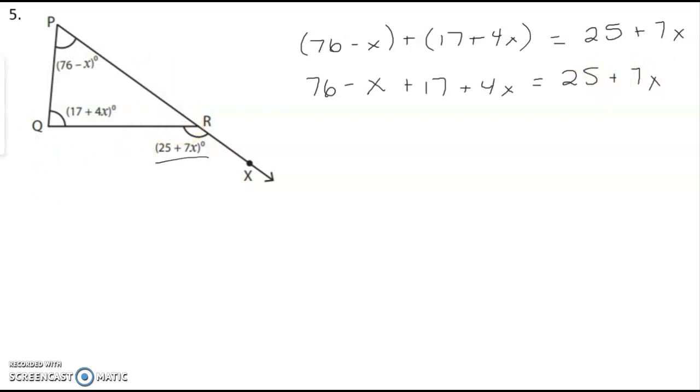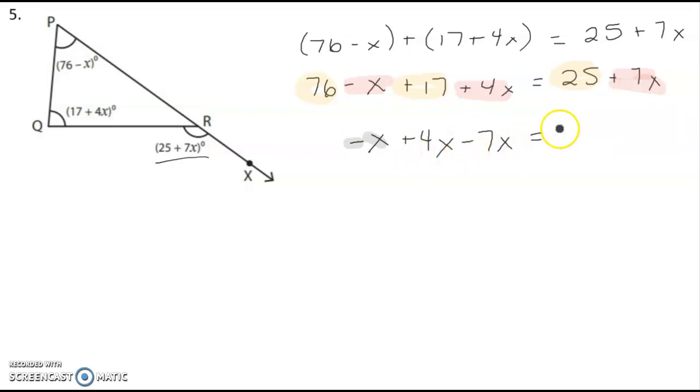So now we're going to collect our like terms. I'm going to highlight my x's. Okay, we're going to gather those together, and then we will gather our constants together. Okay, so I'm going to keep my x's on this side, so I'm going to have a negative x plus 4x, and I'm going to bring this 7x over, and it's going to turn to a negative 7x.